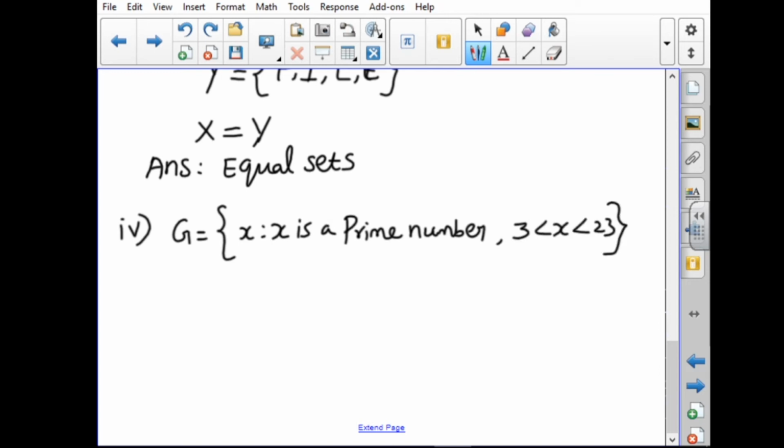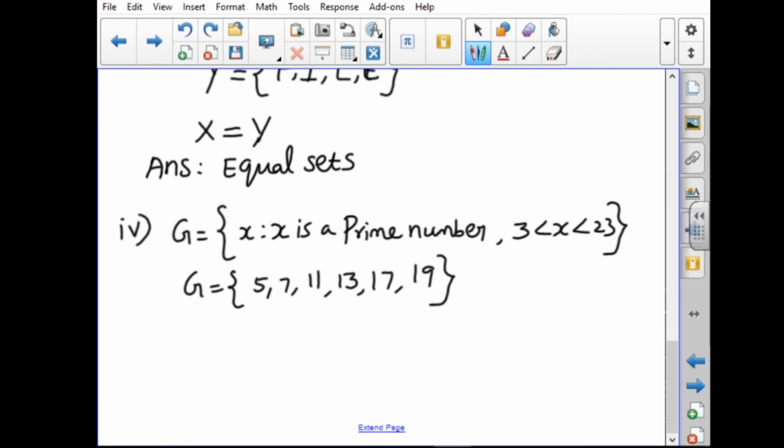We know that a prime number is divisible only by 1 and itself. So we should find the prime numbers between 3 and 23. The elements are 5, 7, 11, 13, 17 and 19. These are the prime numbers between 3 and 23.